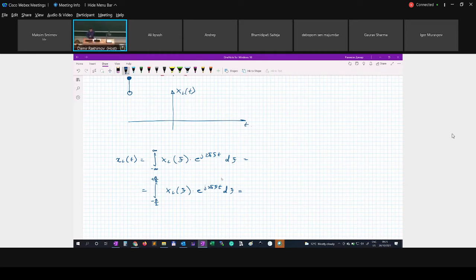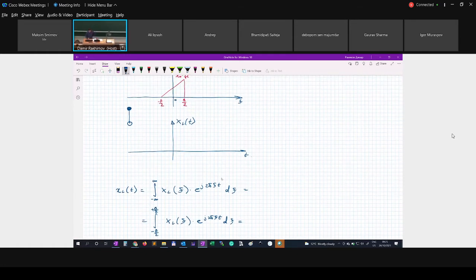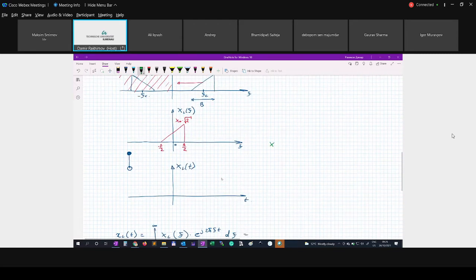And now we have to somehow formalize our picture. This is how our signal looks. And now we have to explain what it is. So let's try to do it step by step. Try to formalize this line. First of all, how can we formalize this plot?